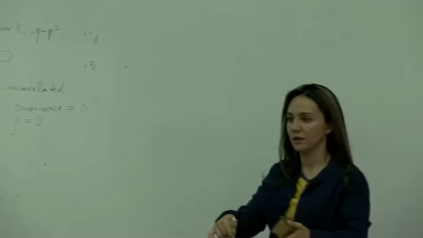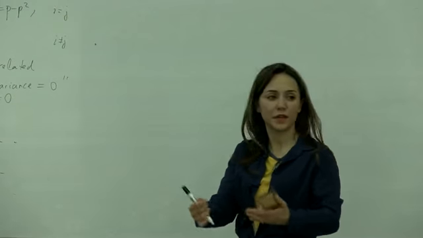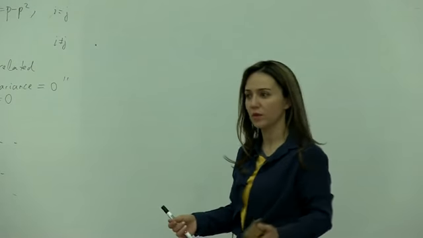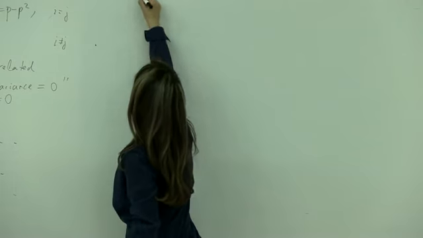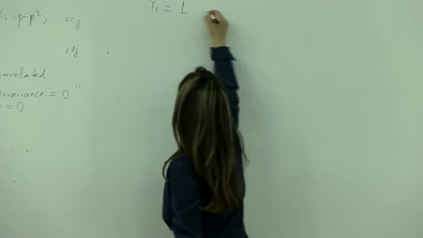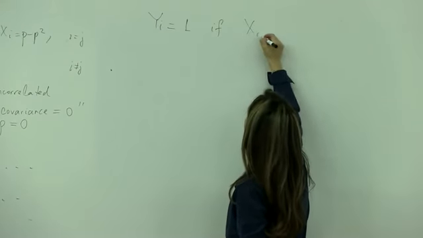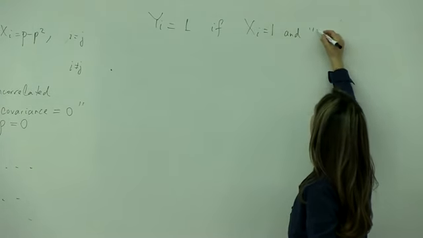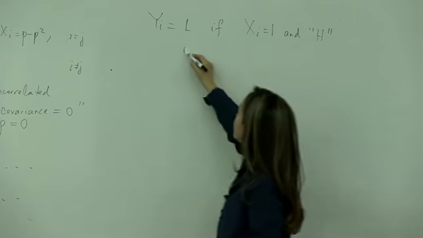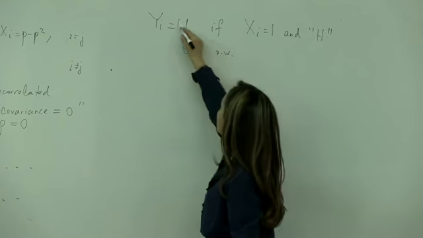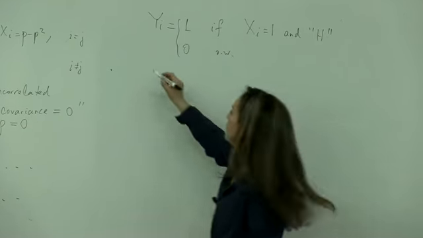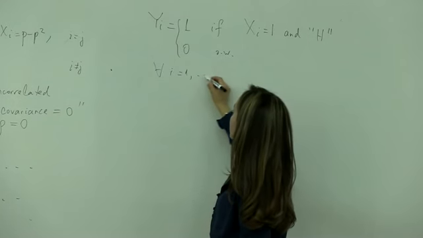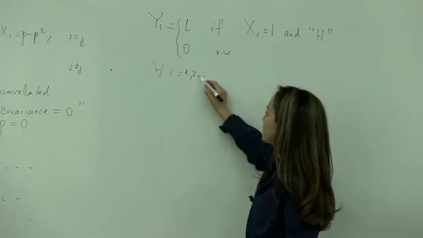Provided that a given trial was a success, we toss a fair coin. So yi is 1 if xi is 1 and the coin comes up heads, and 0 otherwise, for all i from 1 up to infinity.